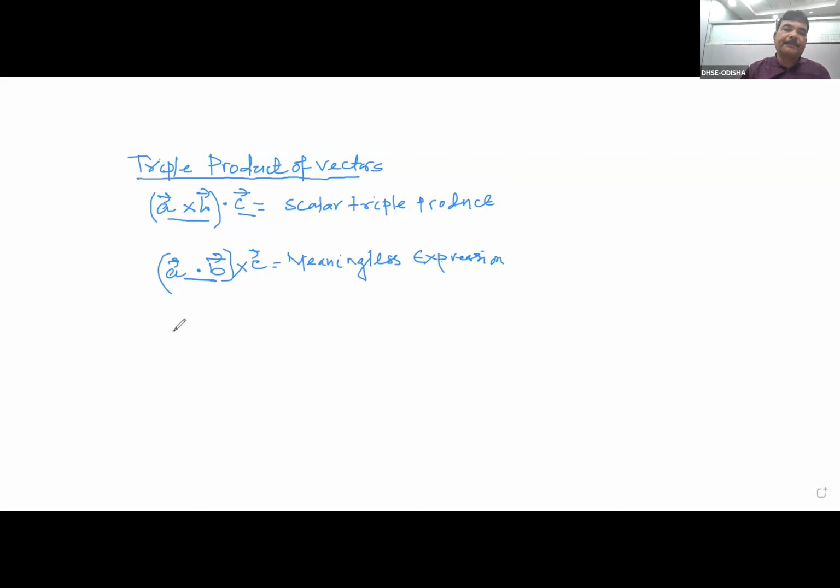In third case, cross product between A and B and cross product with C, A cross B a vector. When it is multiplied with the vector C by cross product, then it will be a vector quantity. This is called vector triple product.